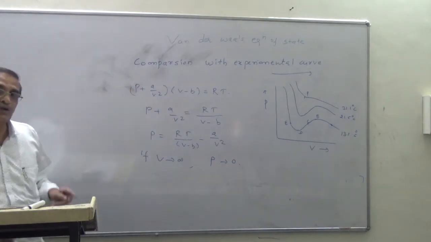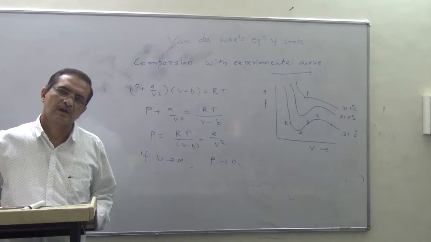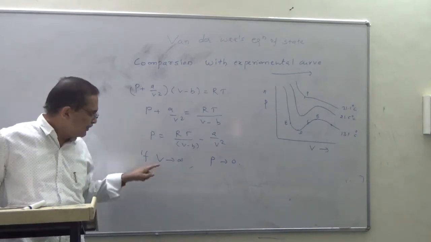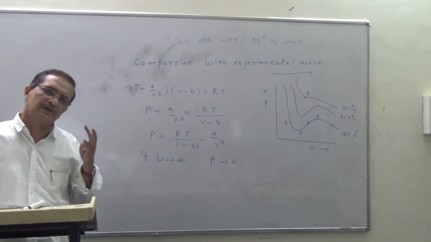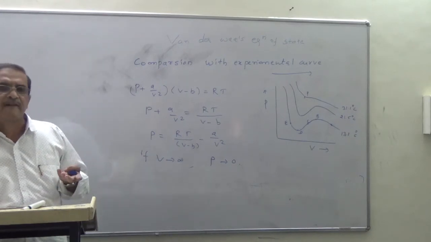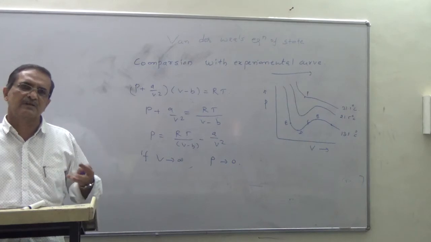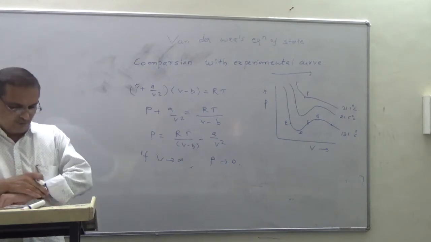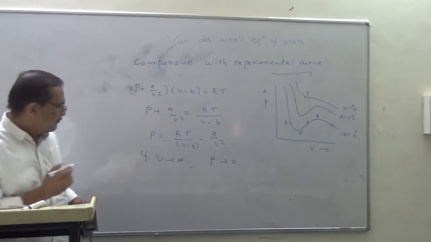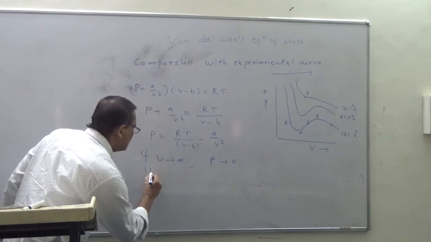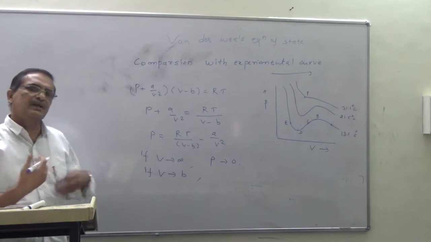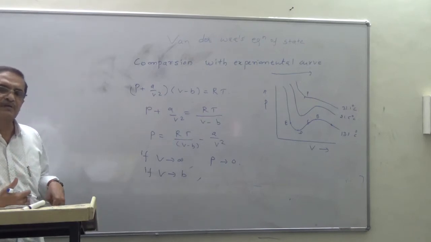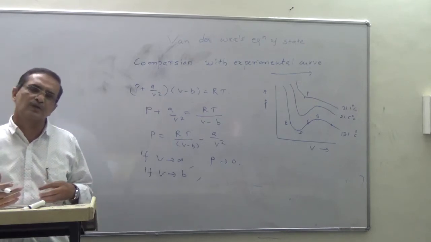That means if the volume is infinitely large, there is a lot of volume available for the n gas molecules, so naturally the pressure is very, very small. If V is small, V tends to b, because V − b equals 0.